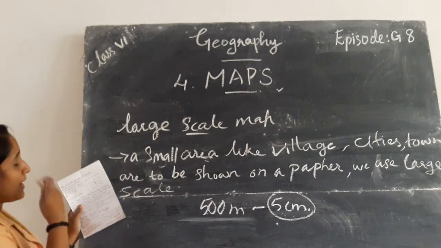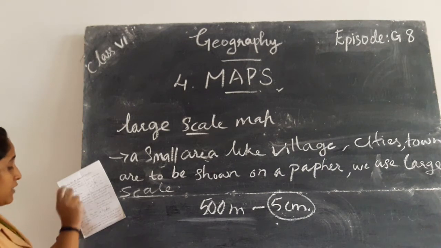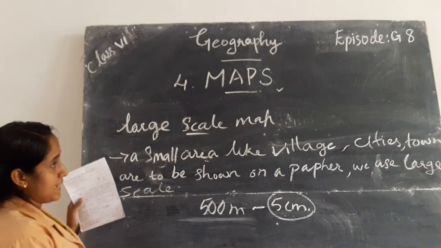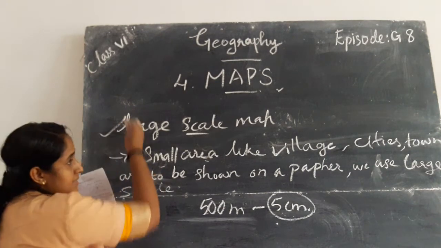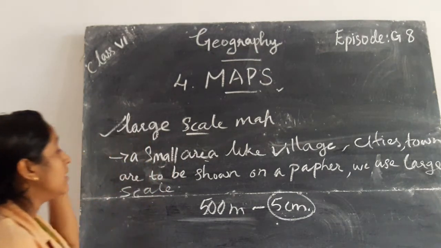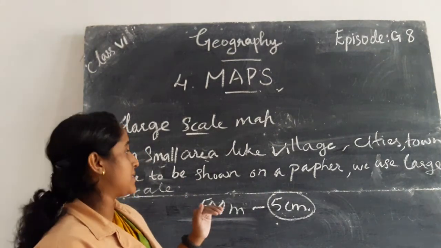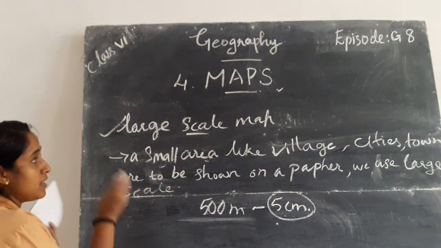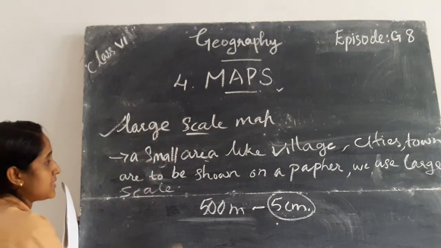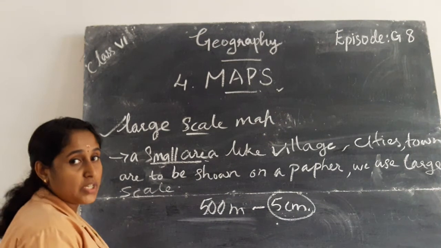According to large scale and small scale, large scale maps give more information than small scale maps. Because in a large scale map, we consider a small area and it gives more information.